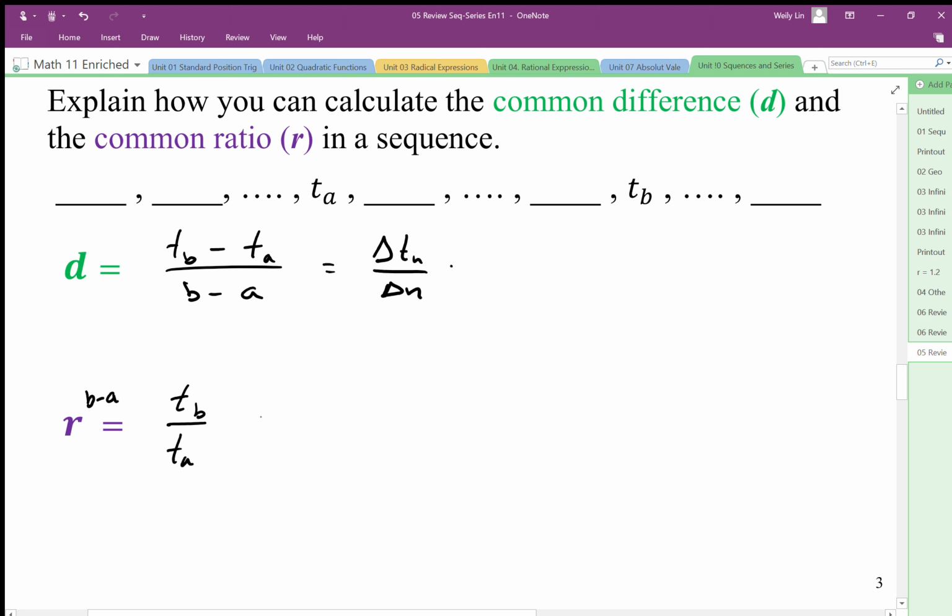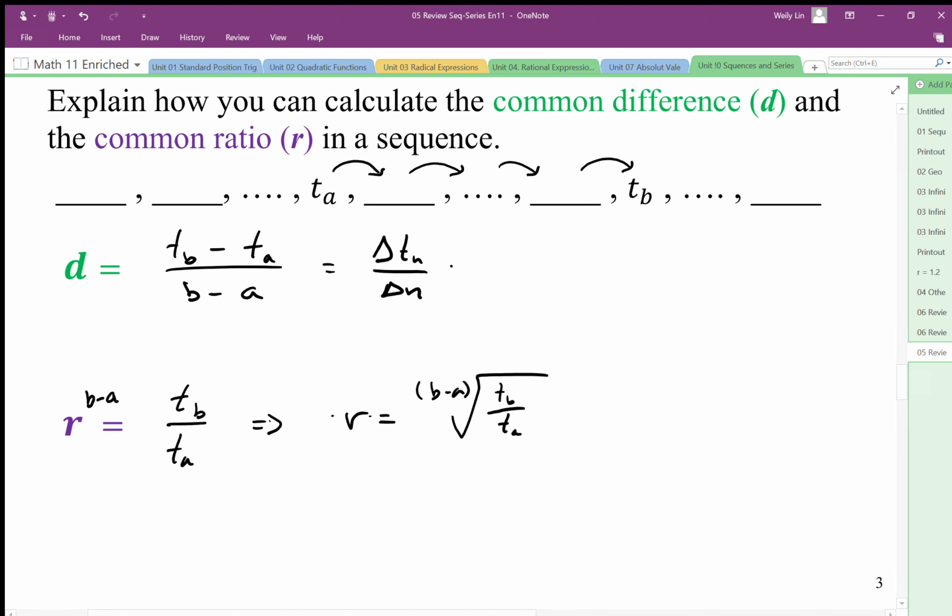We could solve for R and say it's the B minus A root of TB divided by TA, which gives us the common ratio. Really, this B minus A represents the change in n, the number of steps it takes to get from TA to TB.